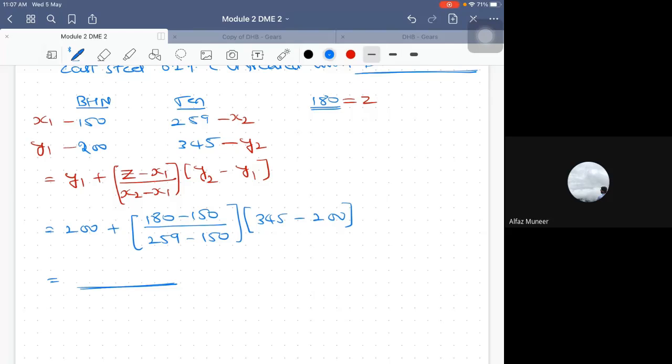You have to remember this formula. By this you can calculate Z. How much is the value? 239. Even I have cross-verified this method. 239.9, so you'll approximately take it as 240.